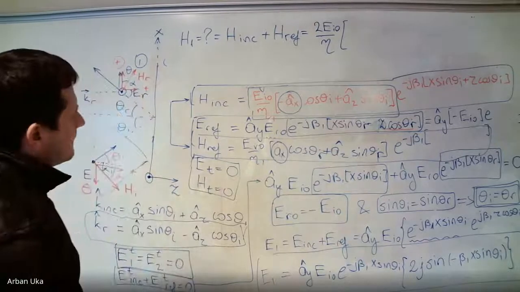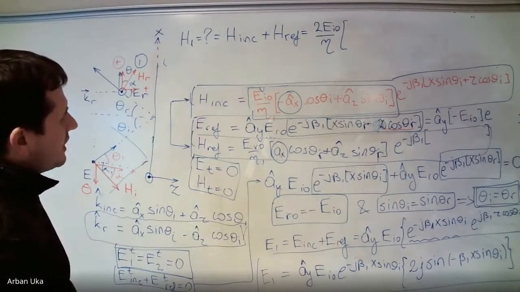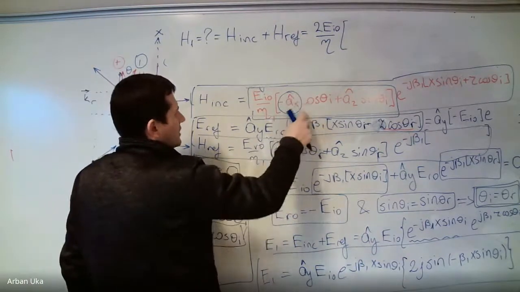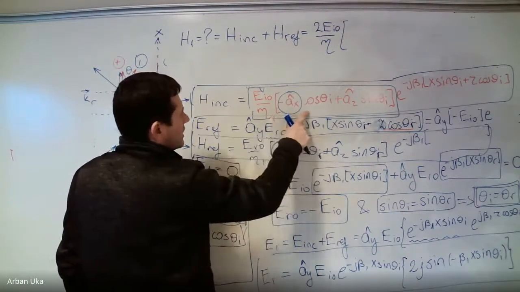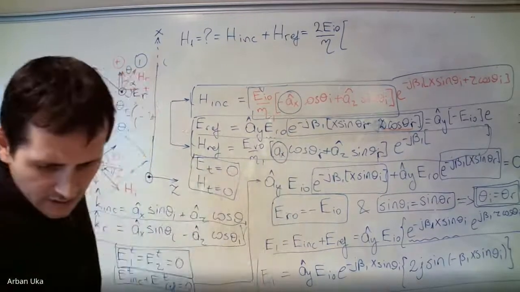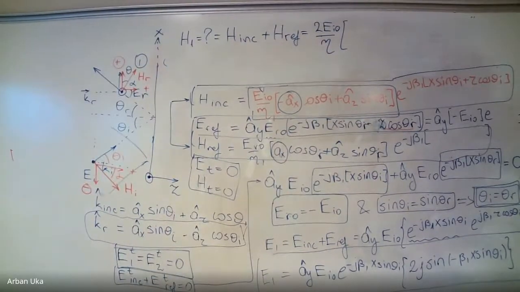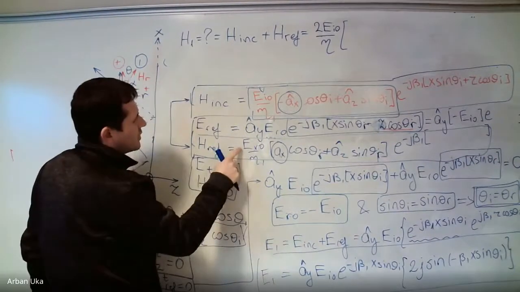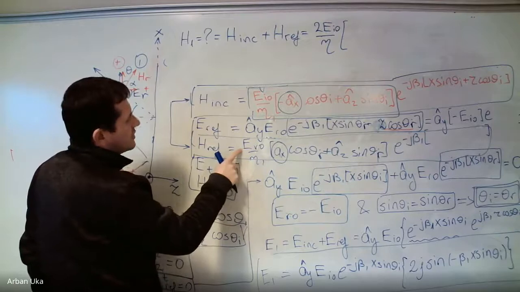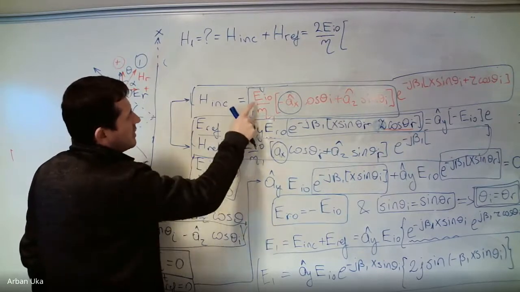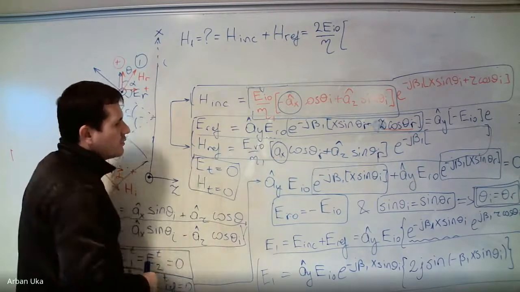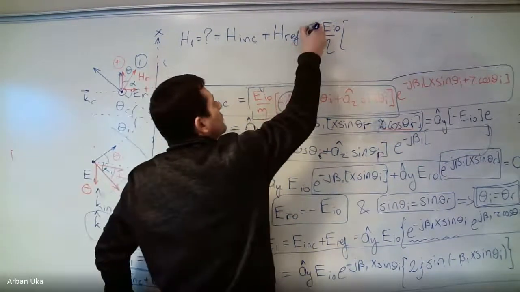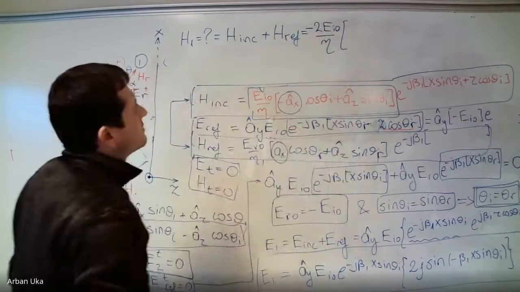Initially, it might look like these two are going to cancel each other. This is minus AX cosine theta I, this is plus AX cosine theta I, and it might look as if they're going to cancel, but that's not true, because here we're going to have a negative sign, which appears because the ER and this one are not equal to each other. They are equal in amplitude, but not in direction. And in fact, here we should get a negative 2. Okay, this is more correct.